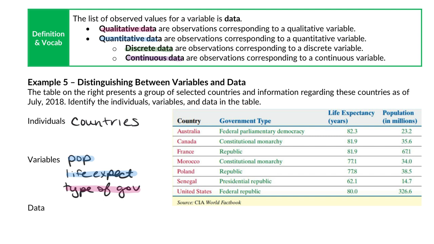And then out of population and life expectancy, which one is discrete and which one is continuous? Life expectancy would be continuous, and population would be discrete. Now, why would population be discrete and life expectancy be continuous when they're both giving me decimal answers?